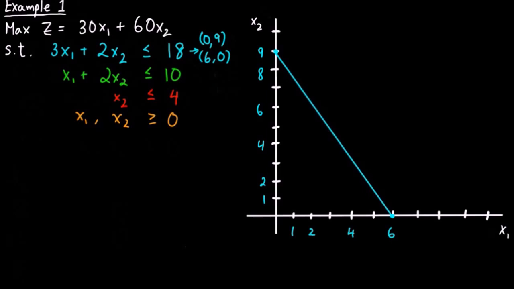For our second constraint, x1 plus 2x2 is less than or equal to 10. We follow a similar procedure, and we get our intercepts to be 0, 5, and 10, 0. And we can plot each of these. That's 0, 5, and 10, 0.